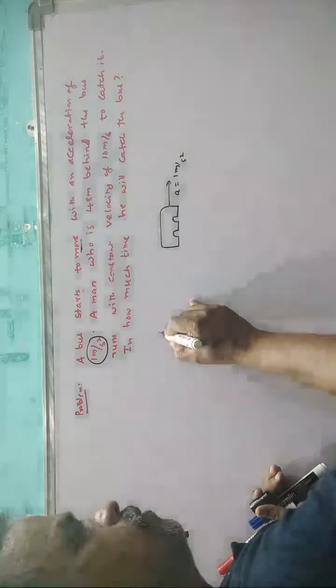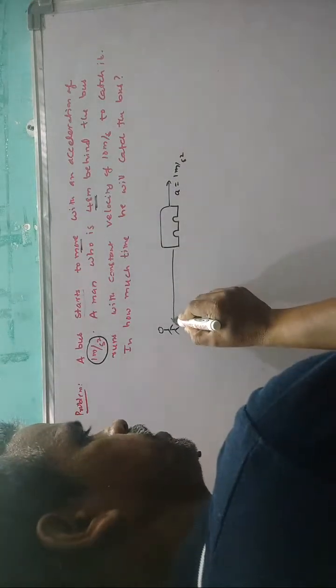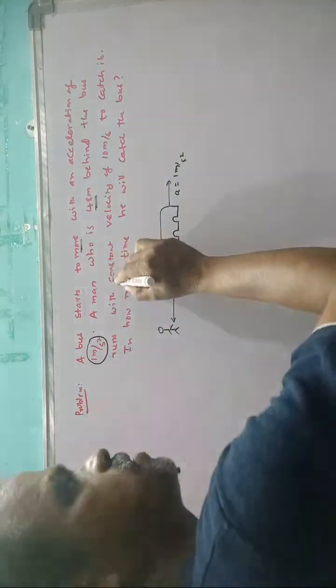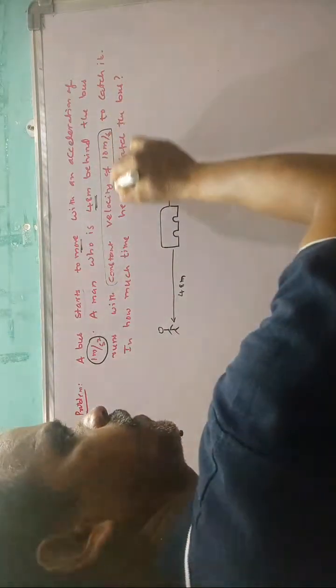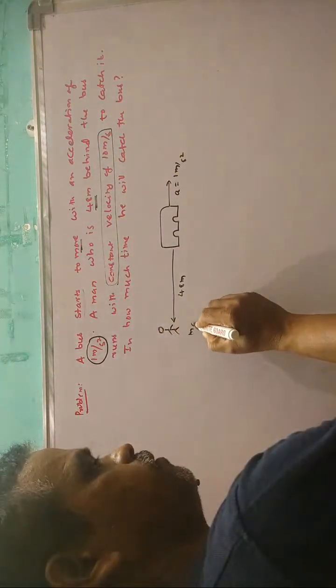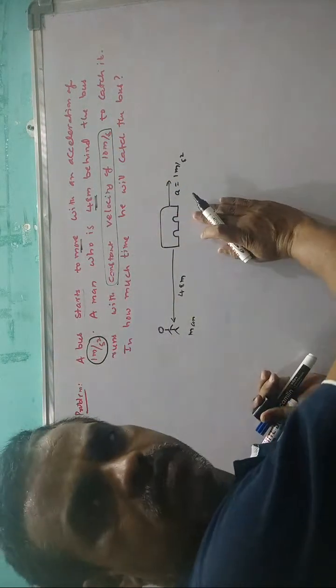A man who is 48 meter behind the bus runs with constant velocity to catch it. This is the bus.